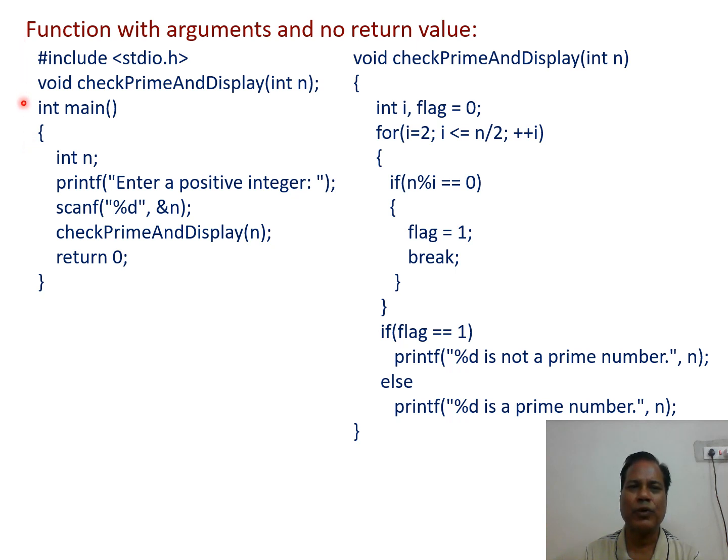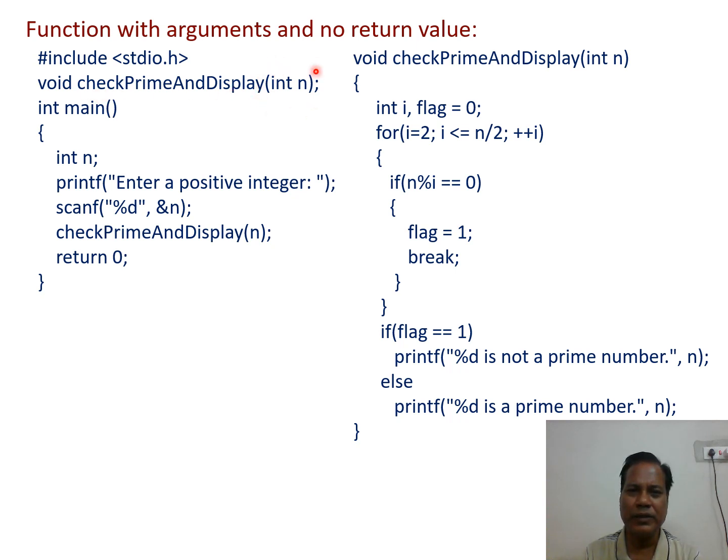In this program, we are already familiar with this type of function: void check_prime_and_display(int n). This is a function prototype declaration. The name of this function is check_prime_and_display. The entered number is tested whether it is a prime number or not, and it is also displayed by the function itself.